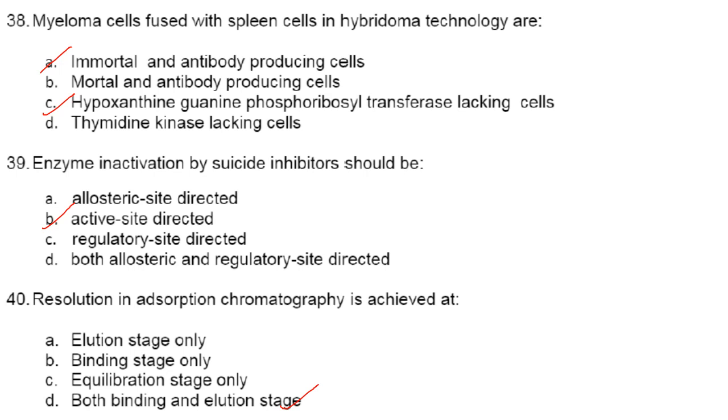Suicide inhibitors are irreversible inhibitors and they will be directed to the active site. So answer will be option B, active site directed. Then resolution in adsorption chromatography is achieved at both the binding and elution stage. So answer will be option B.